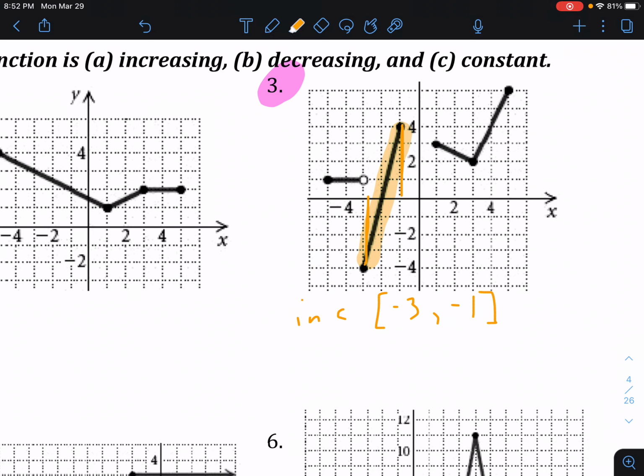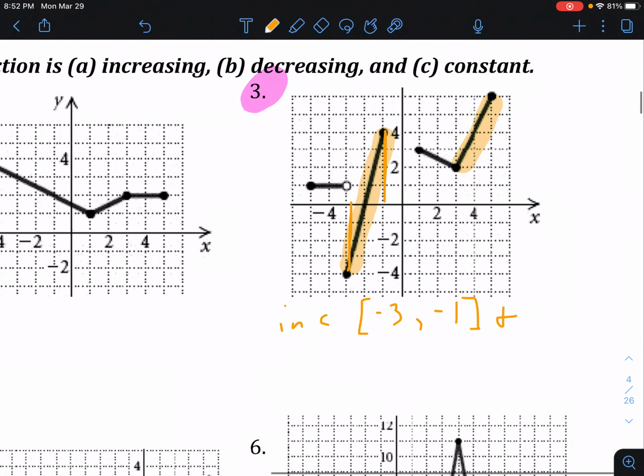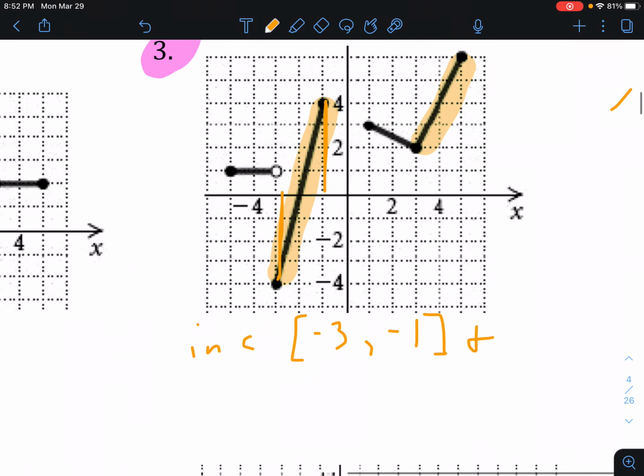Then there's another increasing. That's why I don't understand why people skip the homework. Easy stuff, easy points. So there's another increasing, so I'll put and. That goes from 3 to 5. So another increasing interval from 3 to 5.